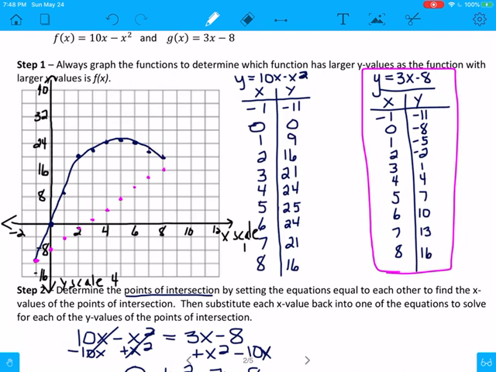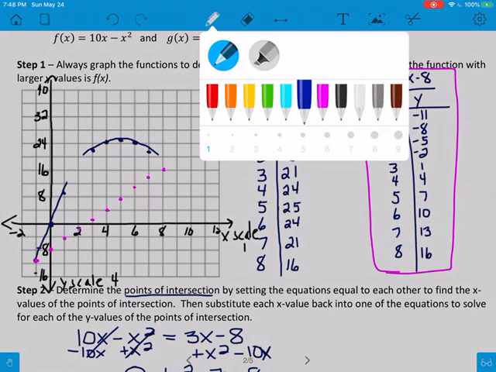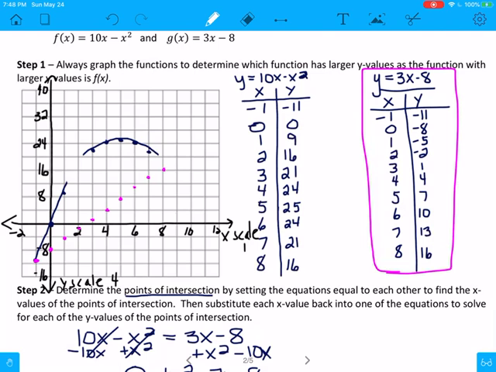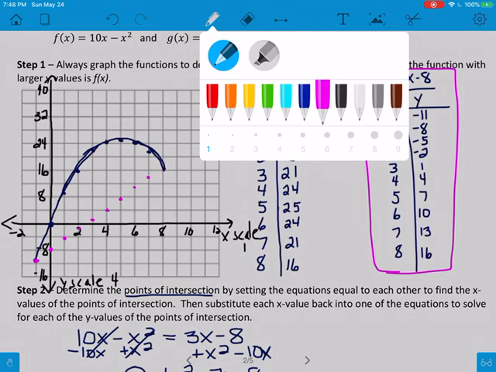Oh, I drew those in the wrong spot. It was at 2 and 16, and here in 16, so it should have went like that, and like that. There, now they actually touched.